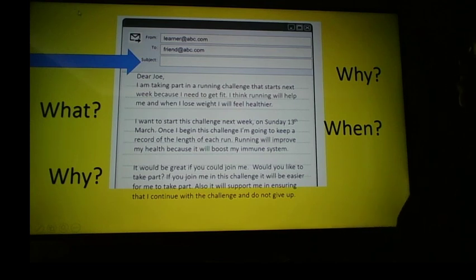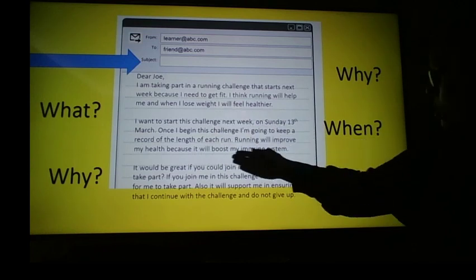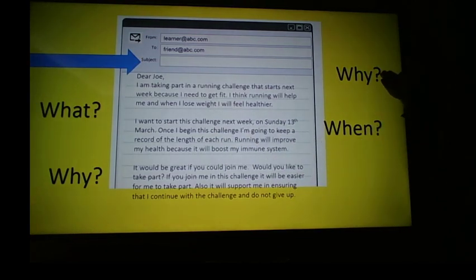So there's an arrow to where it says subject, because that part of the exam paper won't be written on. So you're supposed to fill that bit in, and that's how the examiner knows that you understand purpose. And when I looked at the 4 bullet points, they were really asking the question, what, why, when, and another why.